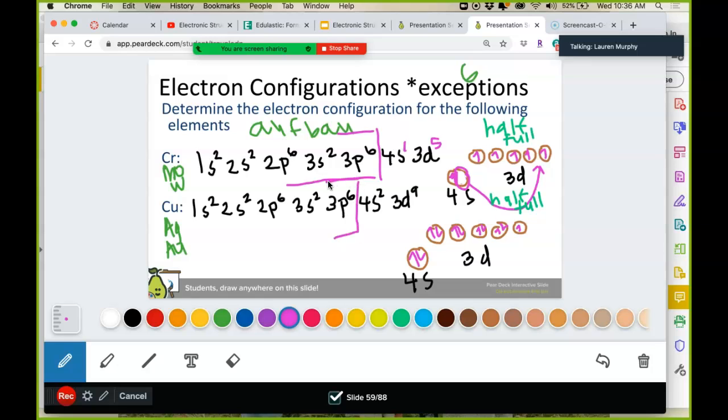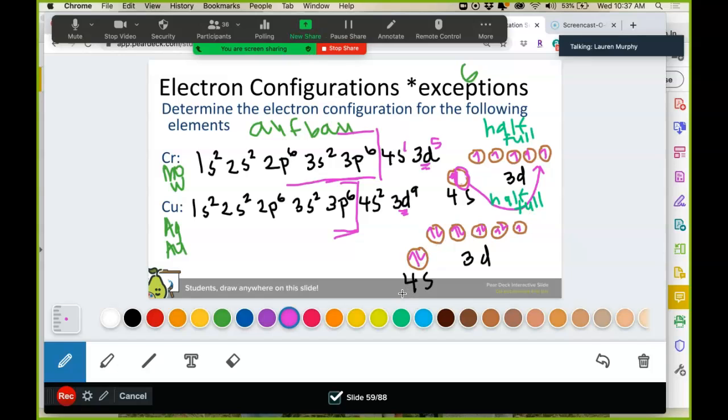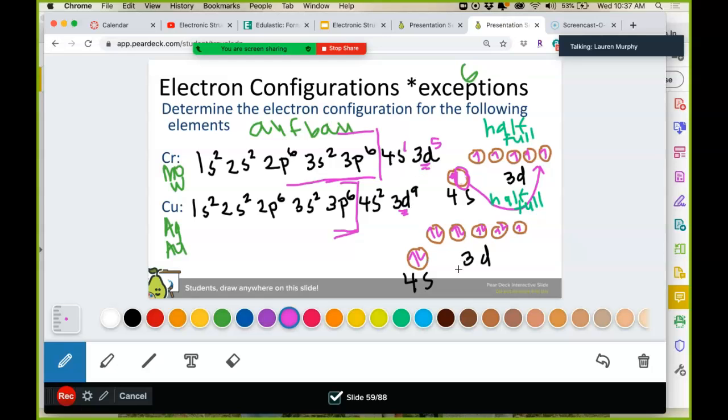While I understand that these are inner shell electrons, they are still slightly elevated in energy, so I include them at the end. I didn't include any of my inner shell in my diagram because they're not relevant in terms of these exceptions. Okay, so here's 4s2, here's 3d9. Any suggestions of what might happen knowing what I just taught you about the chromium family?